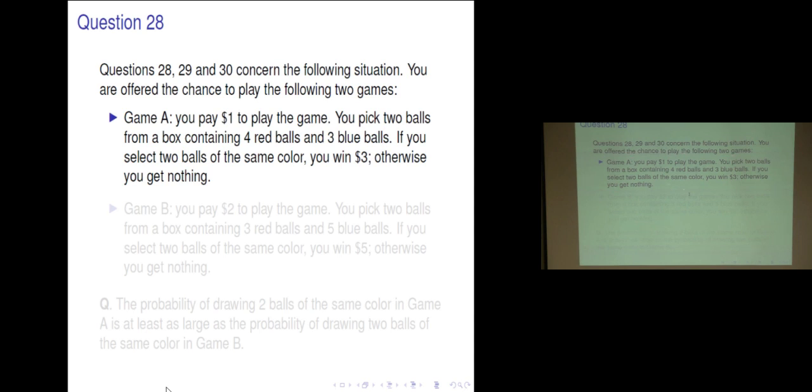Game A says you pay $1 to play, and then you pick 2 balls from a box containing 4 red balls and 3 blue balls. If you get 2 balls of the same color, you win $3. Otherwise, you get nothing, meaning you lose $1, because you paid $1.